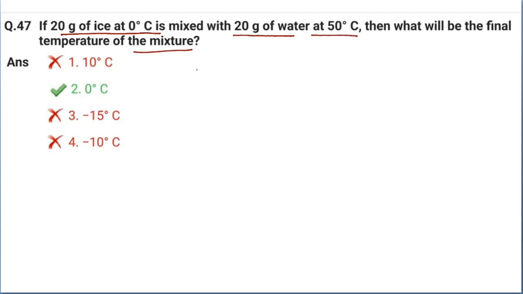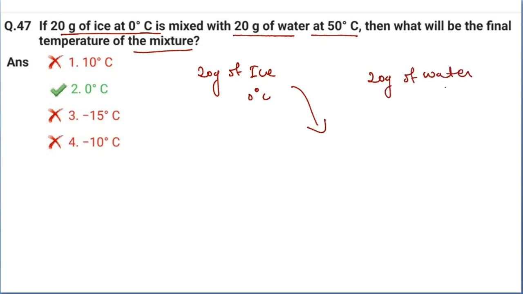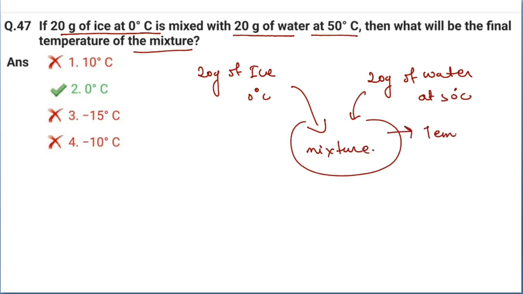Okay, 20 gram of ice at 0 degrees Celsius is mixed with 20 gram of water at 50 degrees Celsius. Then there is a mixture. So what will be the final temperature of the mixture?